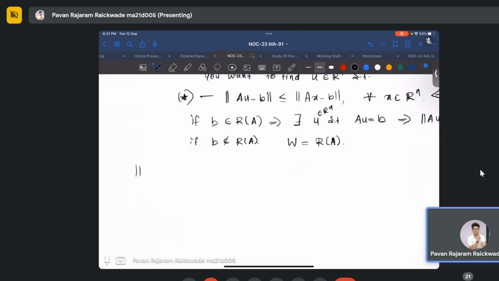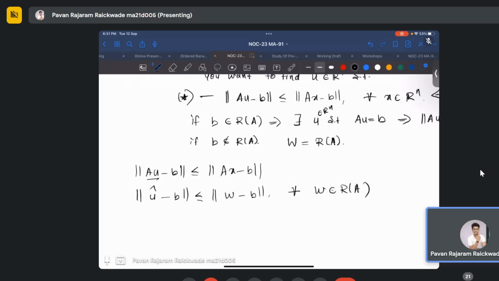Then norm Au minus b, I want this to be less than or equal to norm Ax minus b, but I will write this Ax as u tilde. I want this to be less than w minus b for all w belongs to range of A. This is equivalent because every element in range of A can be expressed as Ax for some x, and I want such an element u tilde.